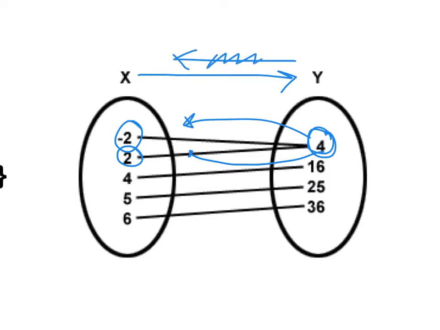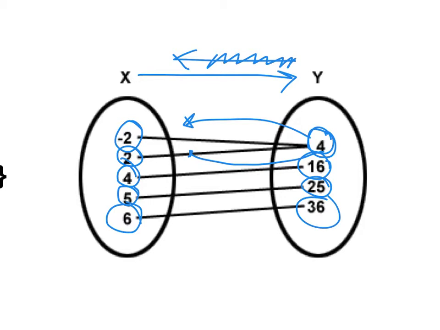To check, we always check from x to the corresponding value of y. So even if two x values share the same value of y, it doesn't mean that it will no longer be a function. What we need to check is, from a single x, how many y values are paired to that x. If we continue, 4 is to 16, a single value, 5 is to 25, and 6 is to 36.